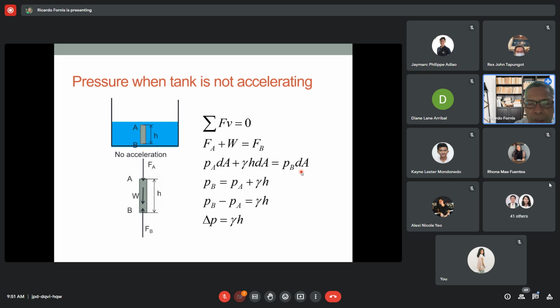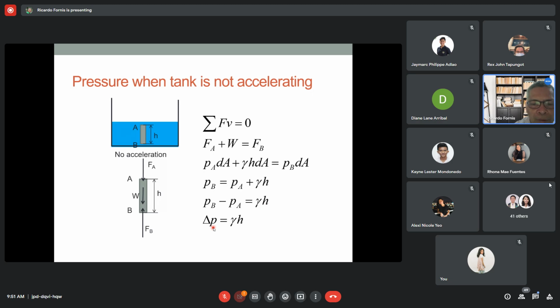Take note of that. So, the force at the bottom would be the pressure at the bottom multiplied by the differential area, where the pressure at the bottom is calculated as gamma h plus the pressure at the top. And therefore, PB minus PA equals gamma h.